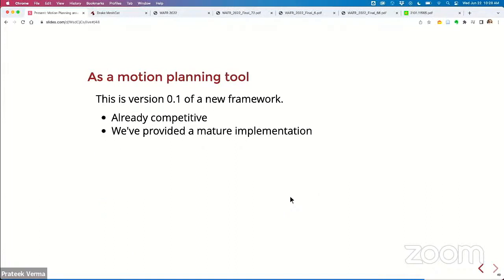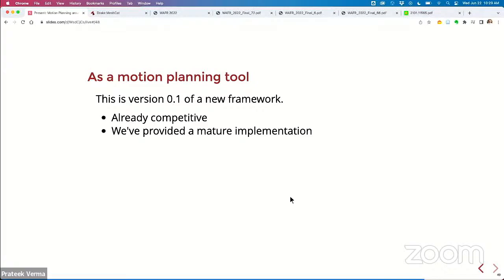This is version 0.1, I would say, of a framework, right? So I hope you all get excited about it, help it grow, but it's competing with tools that have been optimized for a long time, and this is just the first version. Compared to the RRT, for instance, it's hard to implement. It's not a few lines of code.